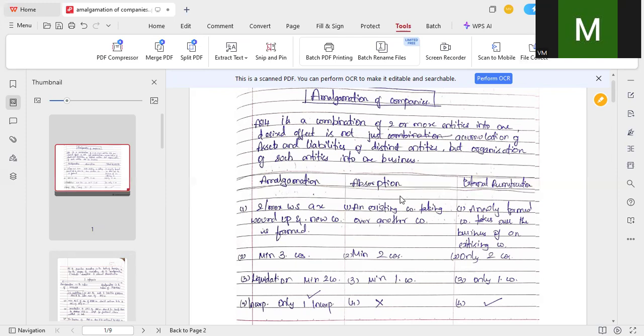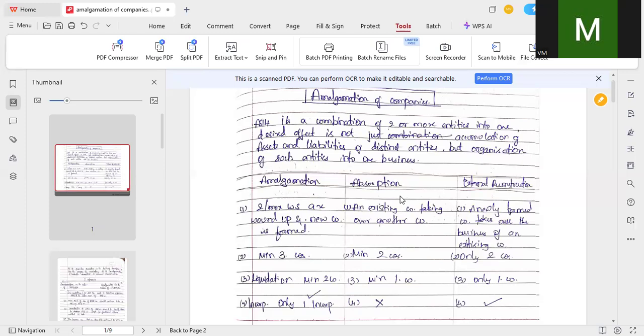I'm just reading the meaning of amalgamation; I'll further explain it in detail. The desired effect is not just accumulation of assets and liabilities of different entities, but organization of such assets into one business. So commonly, amalgamation is something like one company acquiring a smaller company.